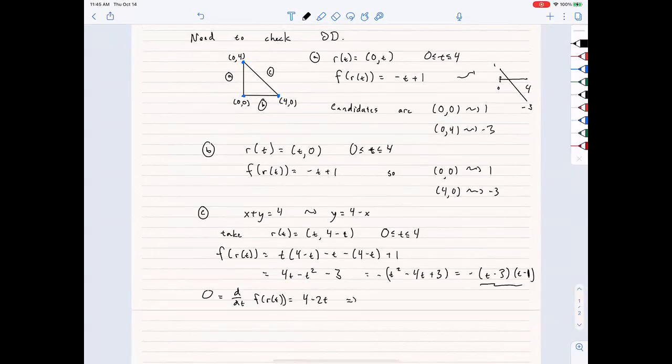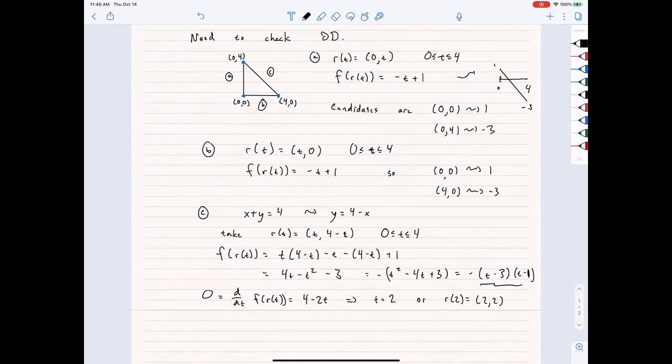And so I'll get t is equal to 2. Now when t is equal to 2, we get r of t is equal to 2, 2, since 4 minus 2 is 2. So this is the last point of interest that we want to explore.